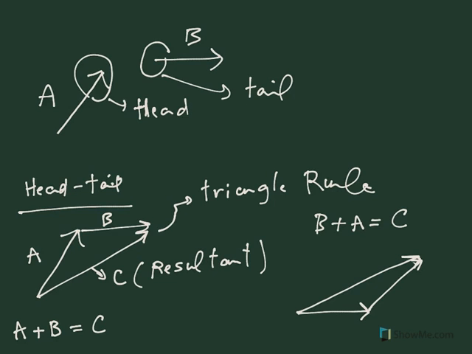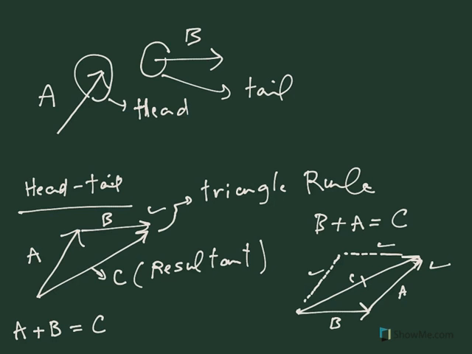And therefore, I'm going to add to this figure and form a parallelogram, combining this figure with this figure. So vector B could be here and vector A could be here.